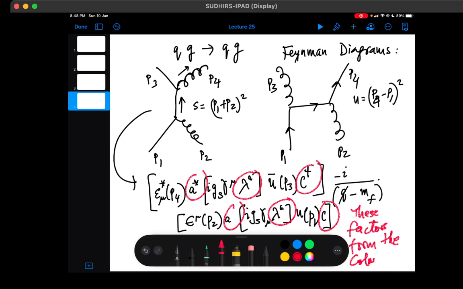So the color factor tells you what is the difference between a simple amplitude, say the same process in QED, compared to QCD.